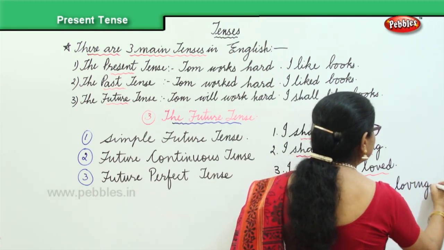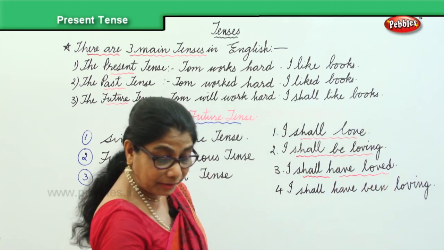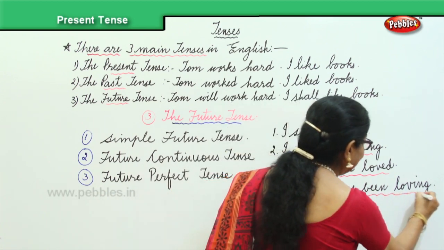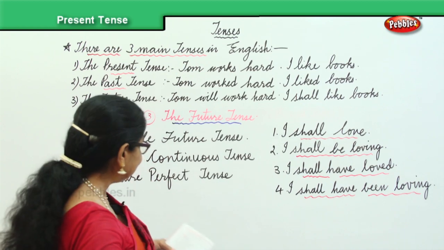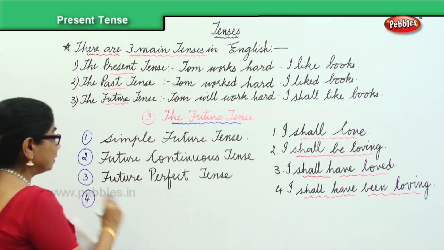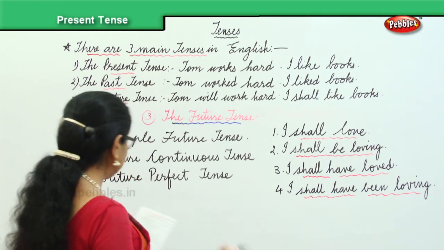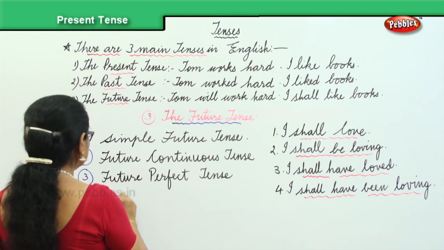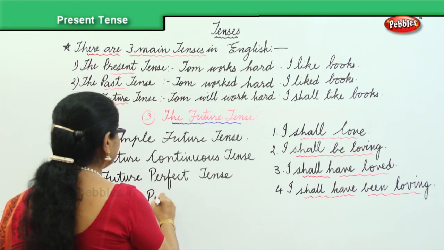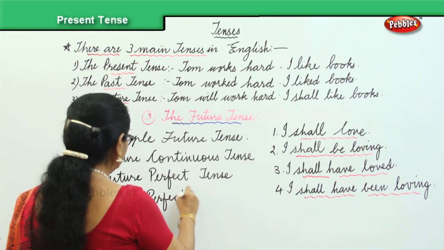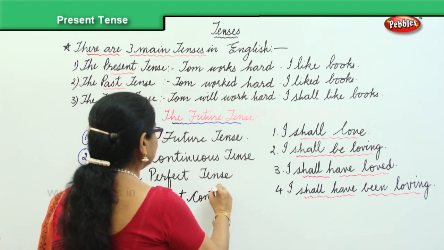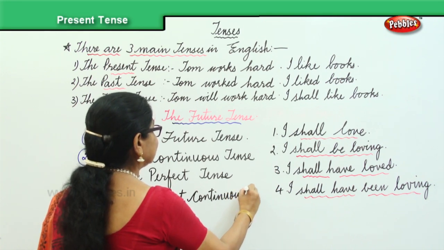When you talk about shall have been loving, the verb shall have been loving indicates that it is in the future perfect continuous tense.